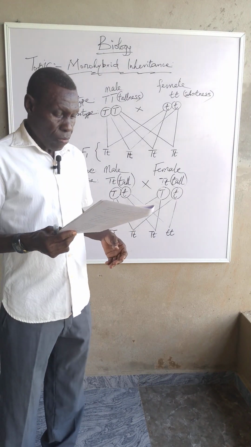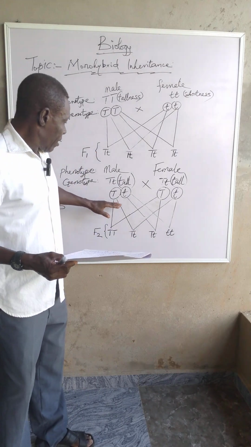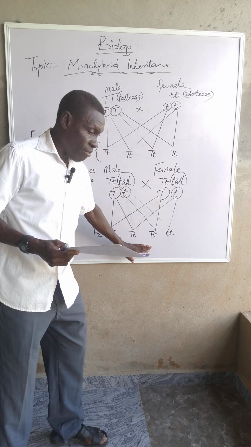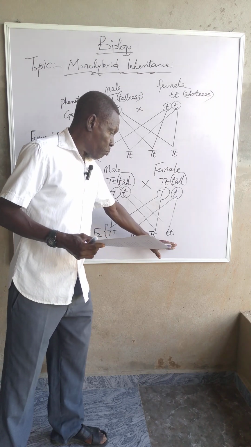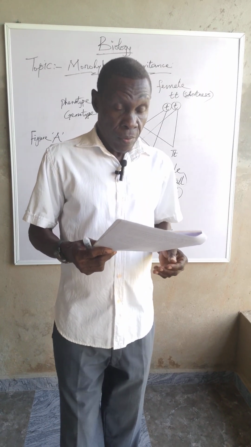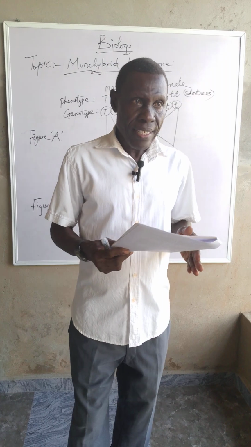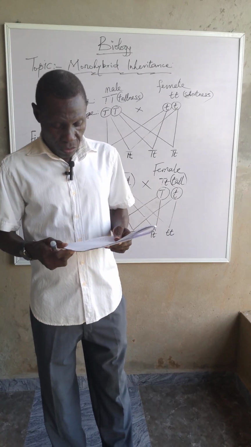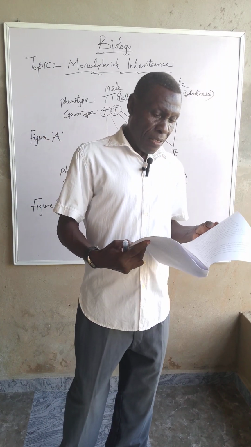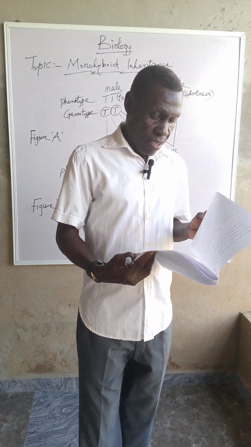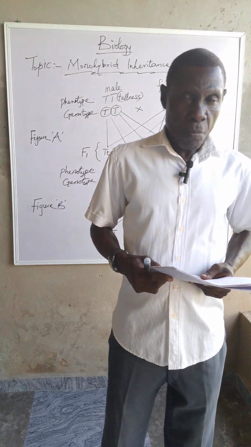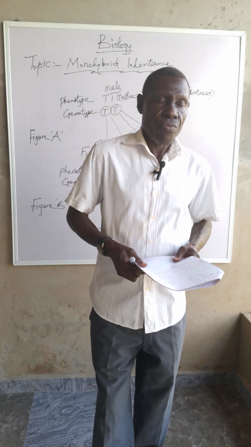And this resulted in one pure tall one, two tall ones but carriers of the short gene, and one pure short one. So this is how he made this result. Now from here, he made his first law of inheritance.